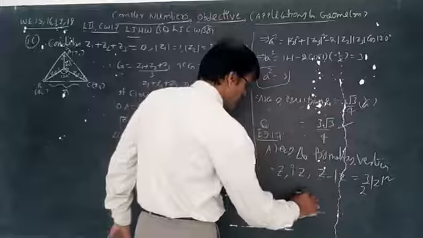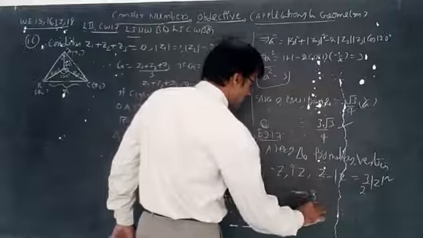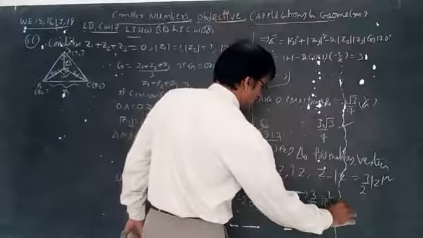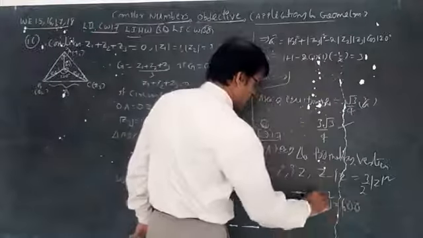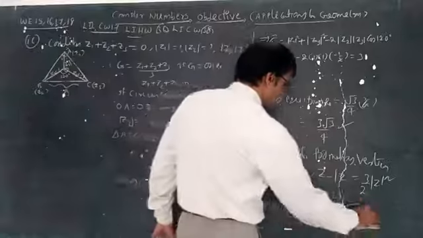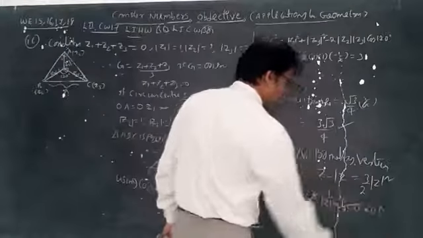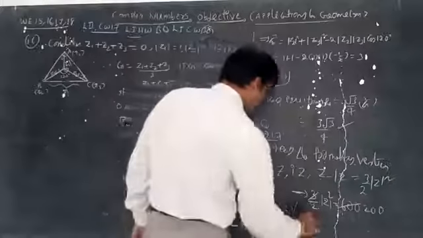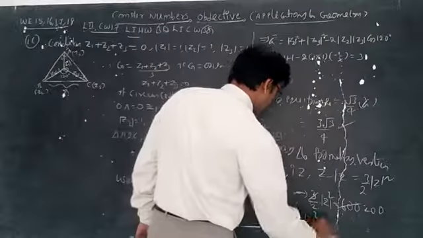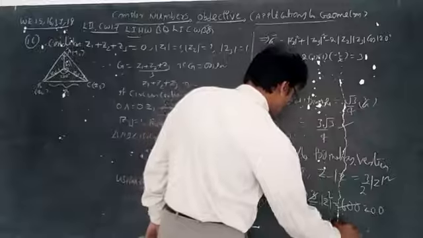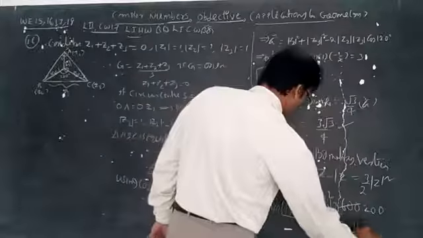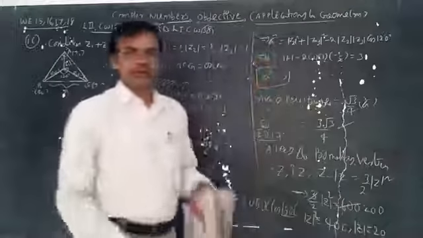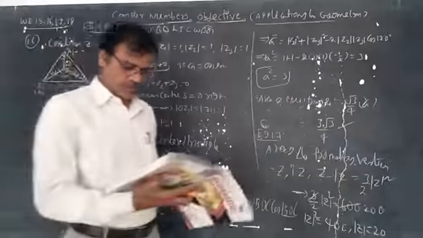So that implies you write 3 by 2 into modulus of z square is equal to 600. 3 will be dividing 200 times. So modulus of z square is equal to 400. Then we know that modulus z is equal to root of 400. So modulus z is equal to 20.